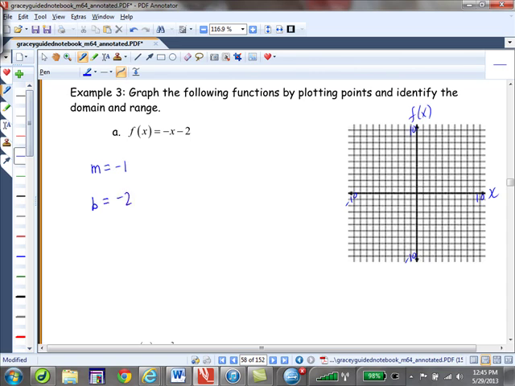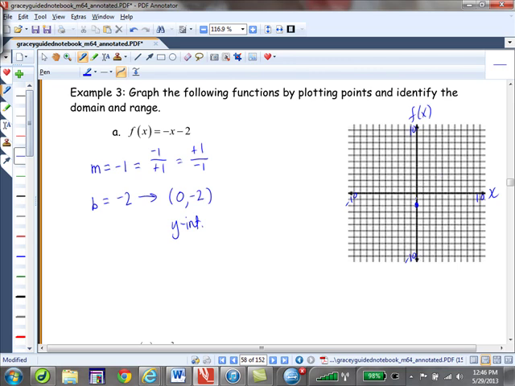B is -2. So the y-intercept is (0, -2). Now for -1, that's equivalent to either -1 over +1 or +1 over -1.